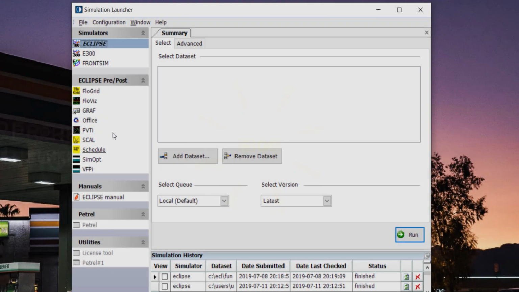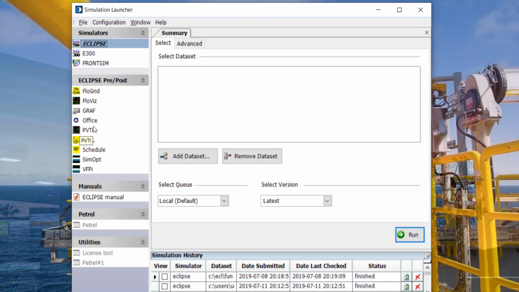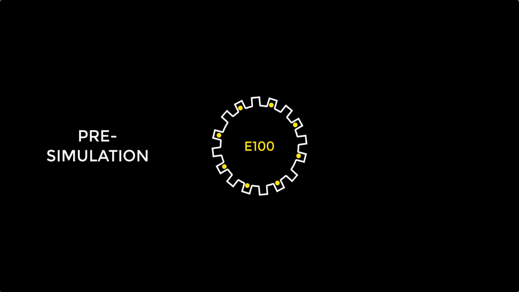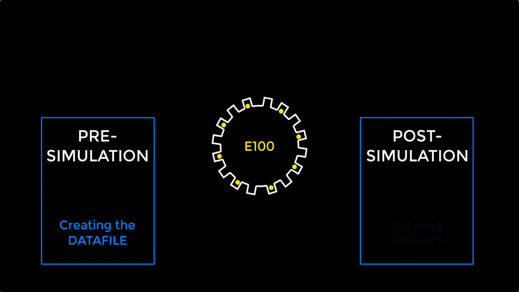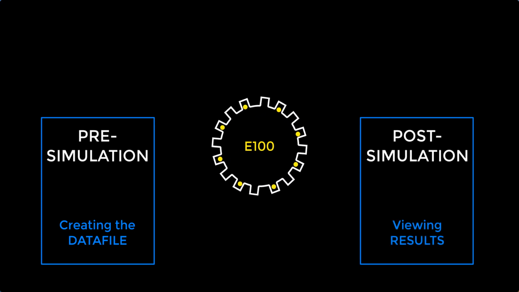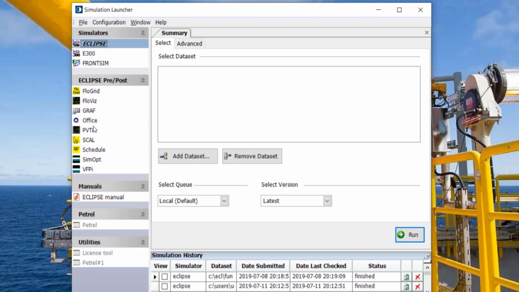Some of these applications here are used to perform your pre-simulation tasks. And after the simulation is complete, the other tasks that you perform are called post-simulation. For pre-simulation, we have tasks like gathering the data, creating a data file, and all that. For post-simulation, we have tasks such as viewing results, analyzing results, and so on. And we are going to talk about a few of them.